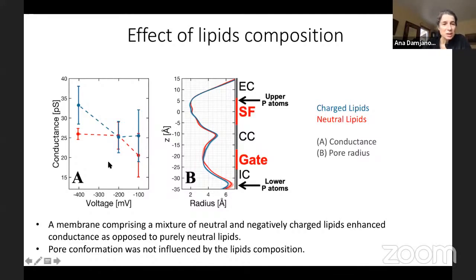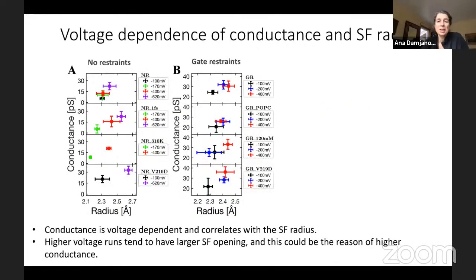So you can see that there is slightly higher conductance, although the errors are pretty big. The charged lipids also increase conductance, and the pore is not really affected much by this.